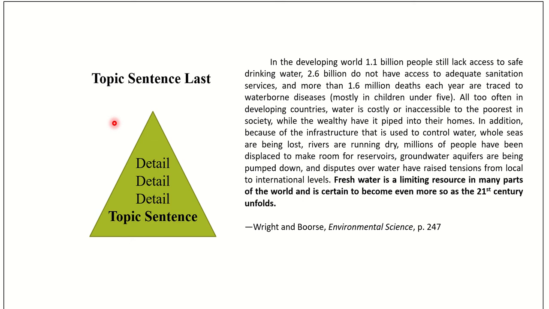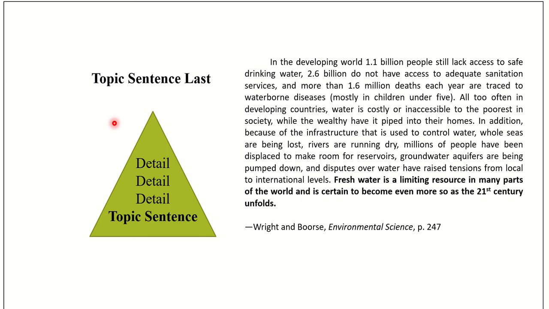2.6 billion do not have access to adequate sanitation services, and more than 1.6 million deaths each year are traced to waterborne diseases, mostly in children under 5. All too often in developing countries, water is costly or inaccessible to the poorest in society, while the wealthy have it piped into their homes.